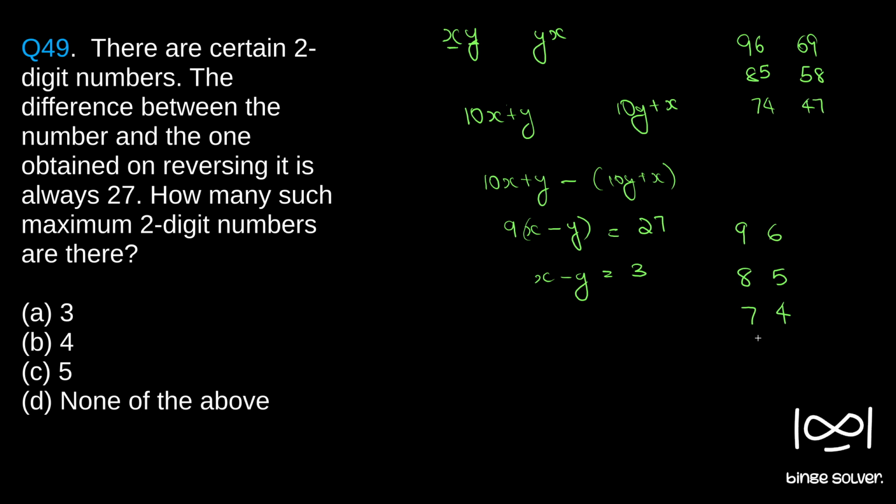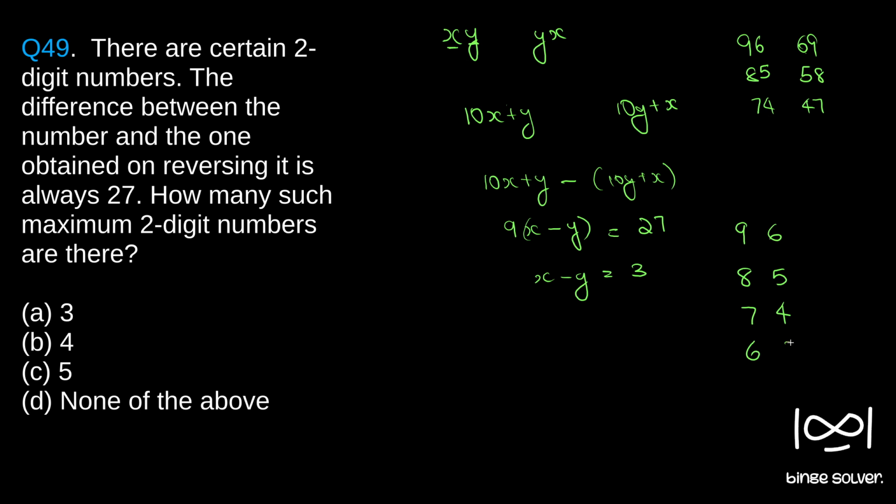If you see, 96 minus 69, if you take the difference, it is 27. Every difference is 27, you can check. In such cases, x minus y has to be 3. That is the only condition, so that is why we are constructing these numbers.